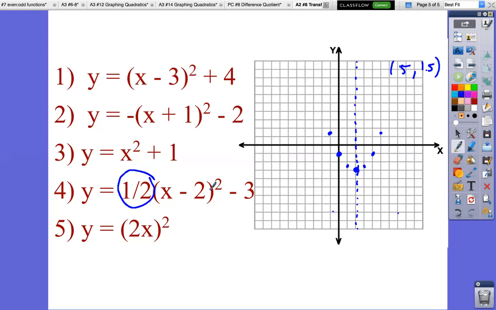So when I plug in 5, I should get 1.5. What is 5 minus 2? 3. What is 3 squared? 9. What's half of 9? 4.5. And what's 4.5 minus 3? 1.5. There you go.